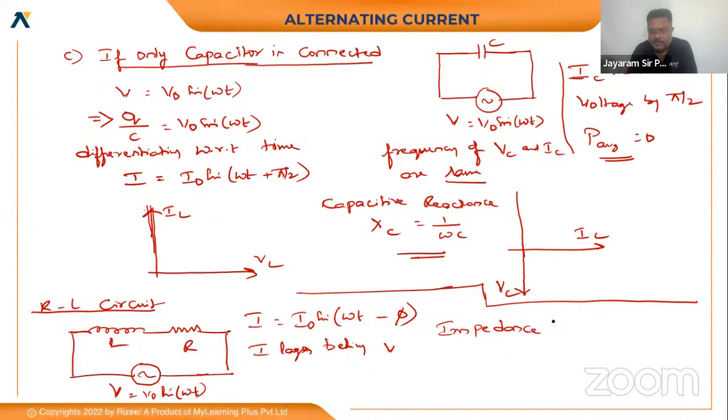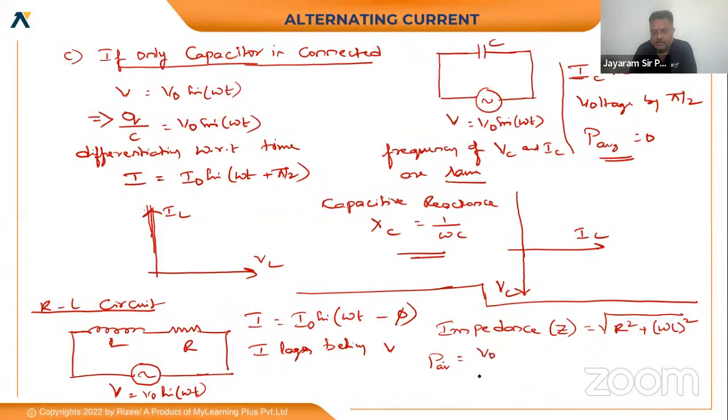Impedance is nothing but the resistance of the total circuit, represented by Z. It will be root over R square plus omega L whole square, or you can write it as root over R square plus XL square. Since there is resistance, there will be an average power loss.